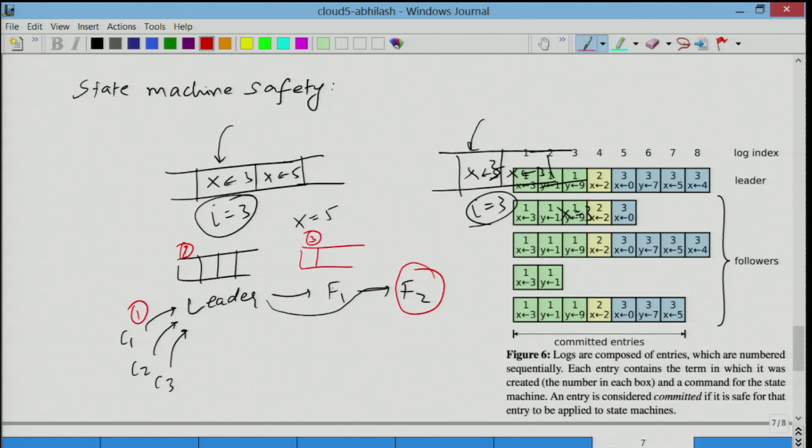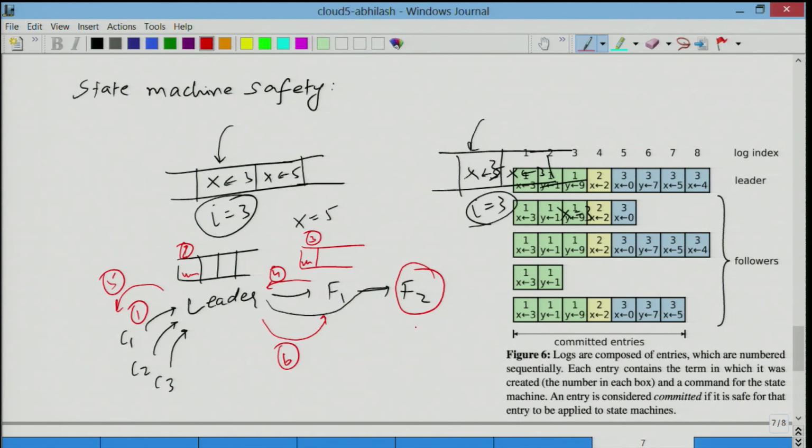Once the follower appends it, they tell the leader that they have appended the entry. When the leader has heard back from a majority, it can tell the client that your request is done. Then later, it can say that you should commit this entry because we were able to form a majority. So this is the basic protocol.